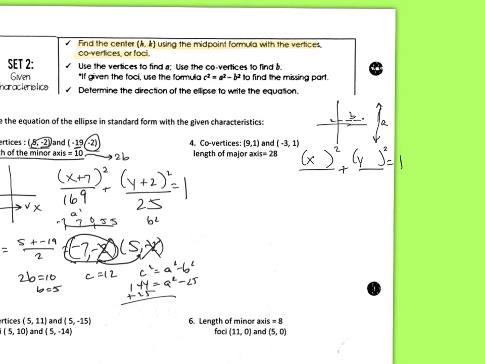Length of the major axis, that's 2A. So that means A is 14. So A squared is 196. And B squared, of course, is this guy. You can tell he runs left and right. Left and right is X. I don't know what the center is, but I know that this is 196 right here.